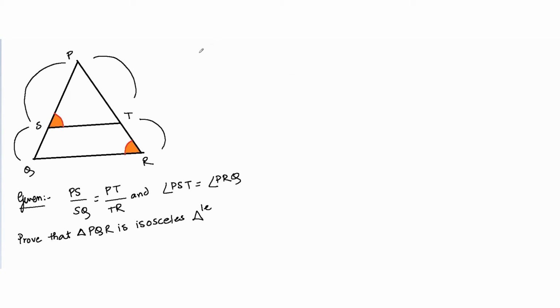I can start off with using converse of BPT. So let me mark this as the proof. So I can say that since PS upon SQ is equal to PT upon TR, this is given to me in the question, I can therefore say that the line ST is parallel to line QR.